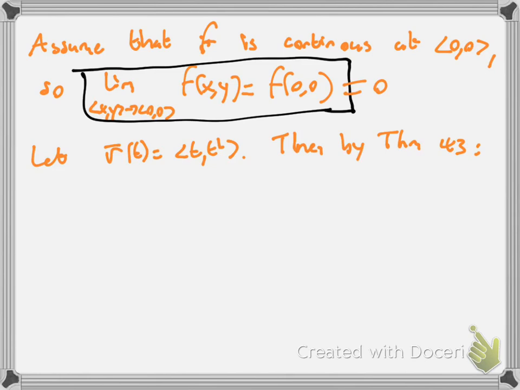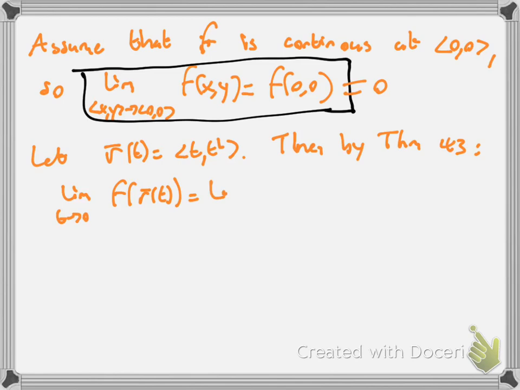This tells me that the limit along this path, f of r bar of t, okay, first I have to check that this path is actually continuous and goes to the origin only for t is 0, but that's true, so you can check all these things yourself.